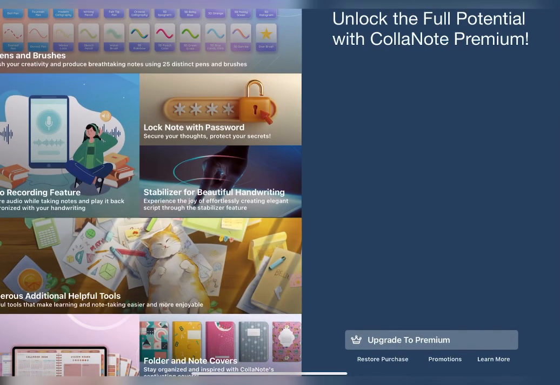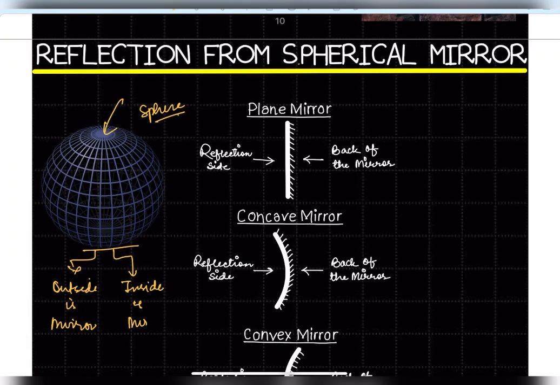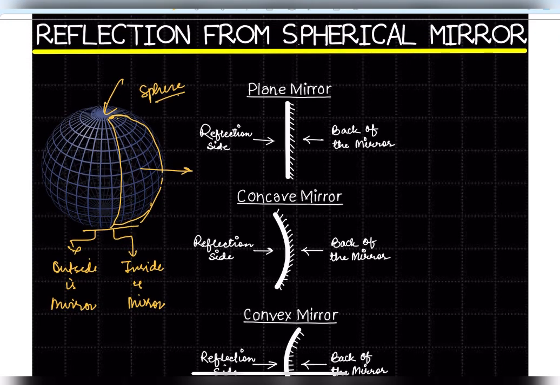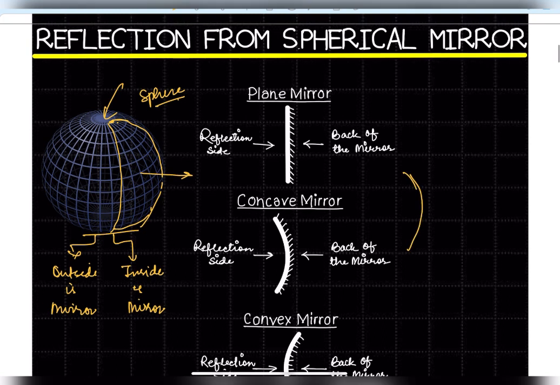Now I'll cut a piece from the sphere, like this, and take it out. This is the part I have taken out.